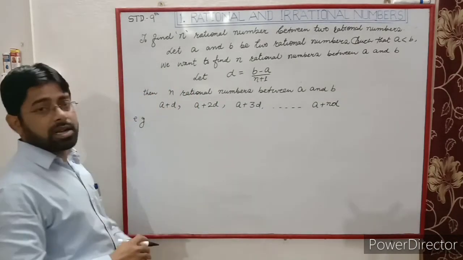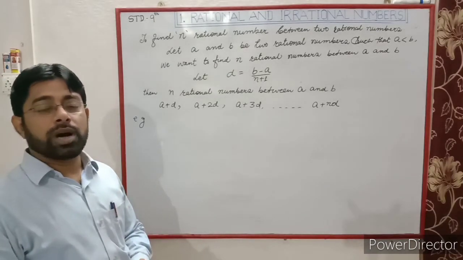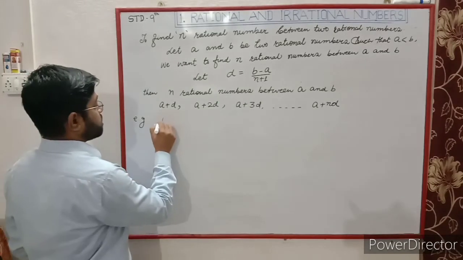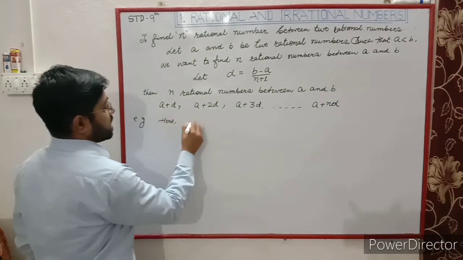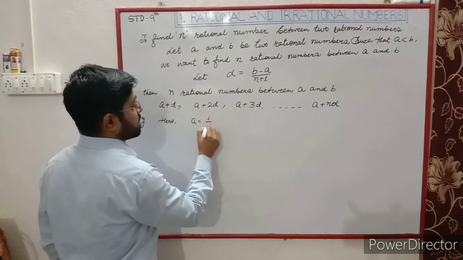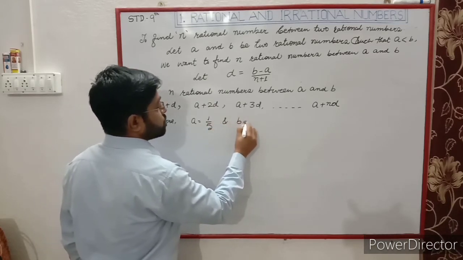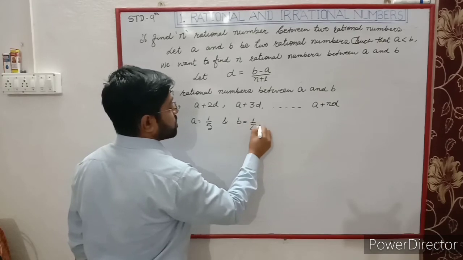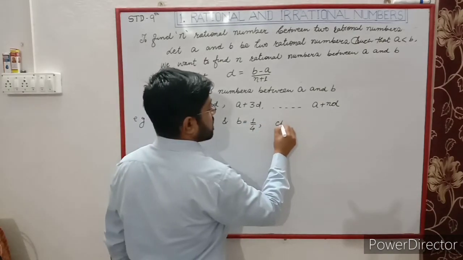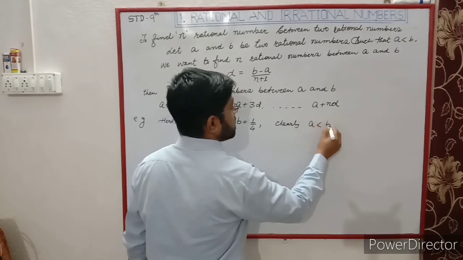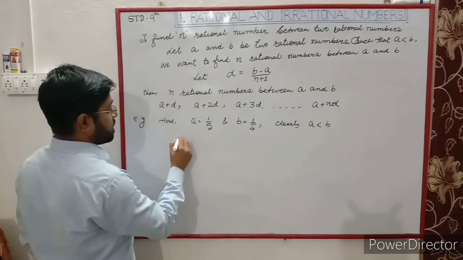Find three rational numbers between 1 by 5 and 1 by 4. So here a is equal to 1 by 5 and b is equal to 1 by 4. See here, clearly a is less than b. So first of all we have to find d.